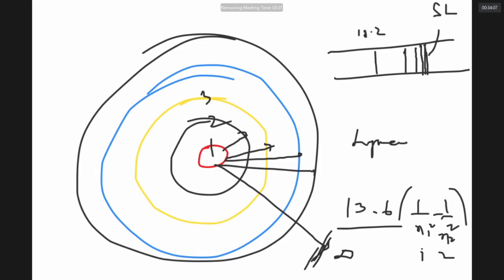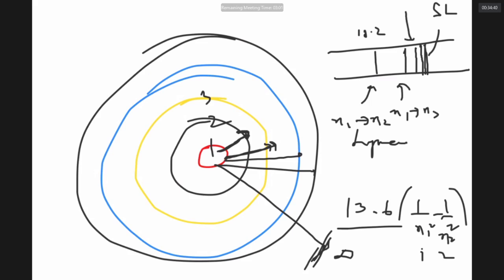The energy corresponding to taking the electron from N1 to N2 is the first spectral line in the Lyman series, because that energy causes a radiation, and that radiation has a characteristic wavelength that causes the first line in the spectrum. If you are taking electron from 1 to 3, it has a little higher energy, therefore a little lower wavelength, which causes the second line in the Lyman series.